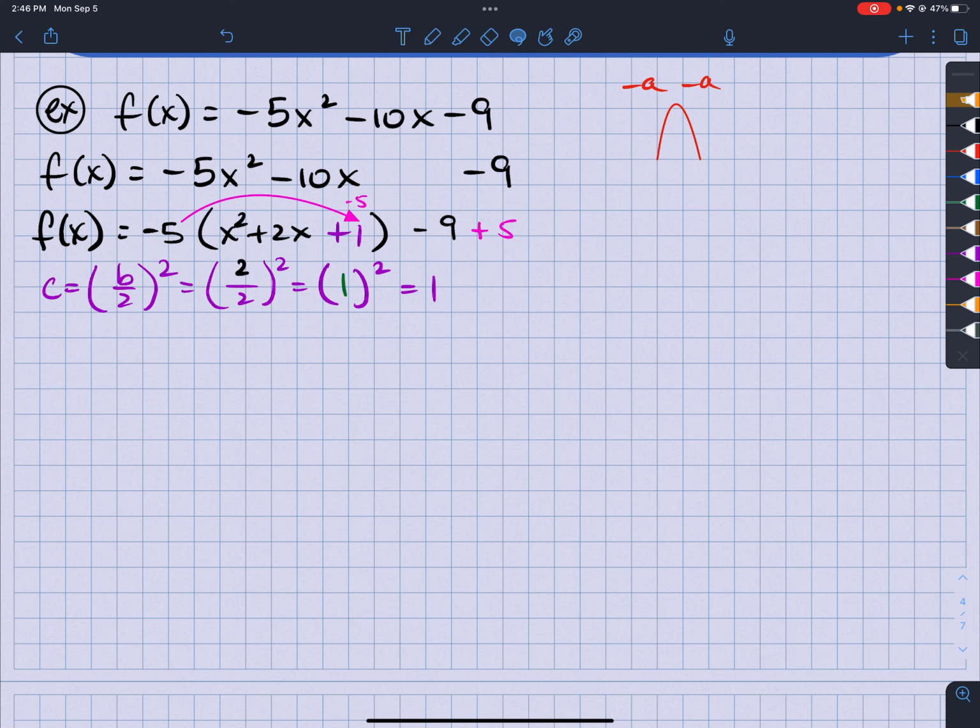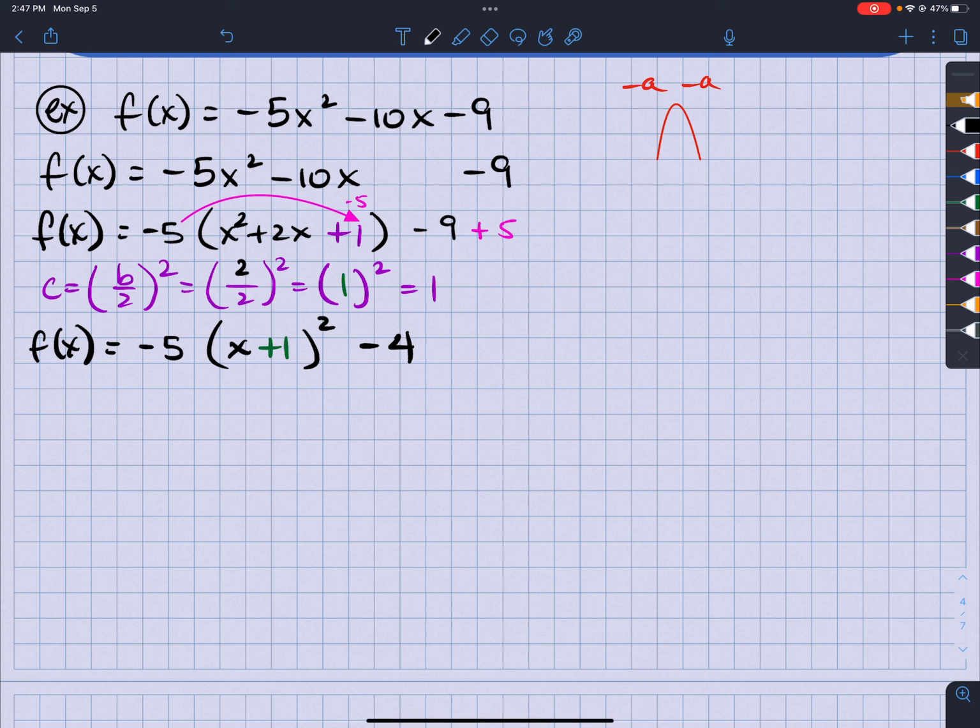All right, so now we're ready. f of x is equal to -5. I can factor this perfectly, which is x plus 1 squared, and then whatever this comes out to be, which is -4. So this tells me my vertex. Actually, you know what?